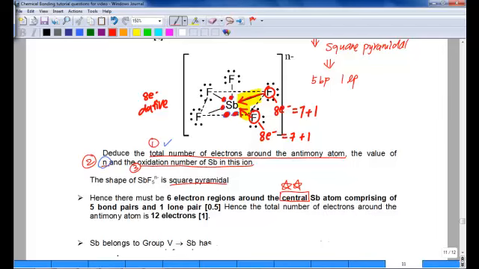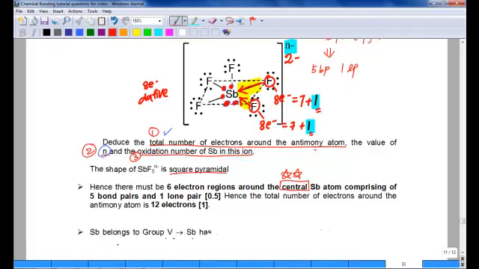This 1 electron must be from the charge. That means it must be 2 minus, because each fluorine atom will take in 1 electron. Fluorine is the more electronegative atom that will take in the extra electron. So that means n is 2 minus.